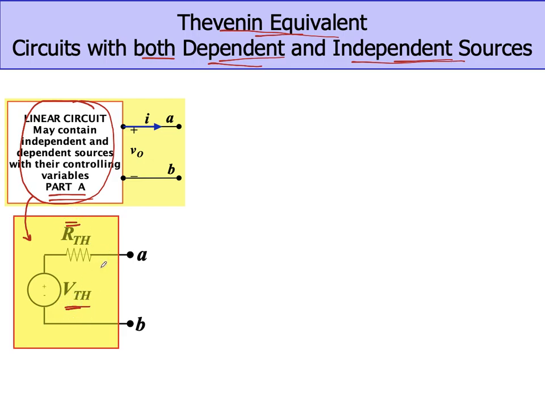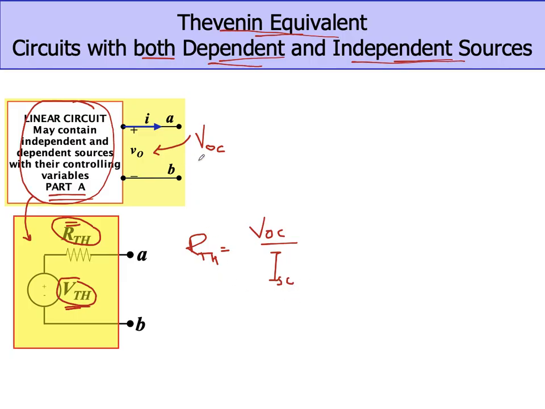We know that V Thevenin can be determined by looking through terminals A and B and finding V open circuit. But in this case, we cannot find R Thevenin by setting all the sources equal to 0 and finding the equivalent resistance. We have to use the relationship of R Thevenin with open circuit voltage and short circuit current, which is VOC divided by I short circuit.